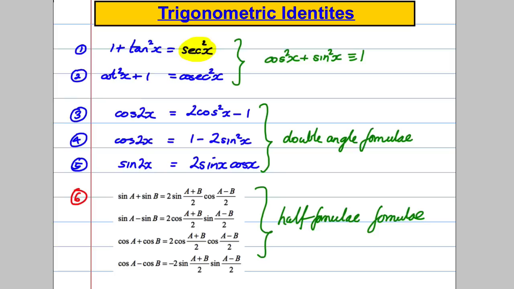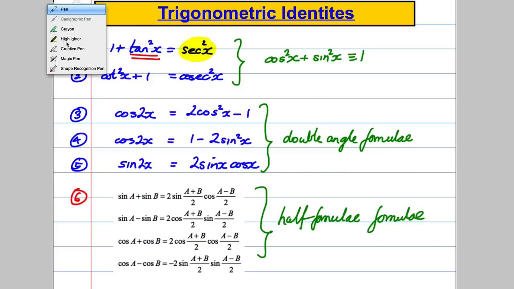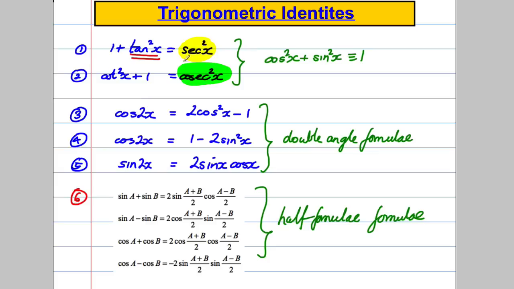So say if I was given something that involved a tan squared to integrate, I could rewrite tan squared in terms of sec squared because I know how to integrate that. I also know how to integrate cosec squared. So if I was asked to integrate something that had a cot squared in it, I don't know how to integrate that. I could rewrite that in terms of cosec squared, and then I'd be able to integrate it.